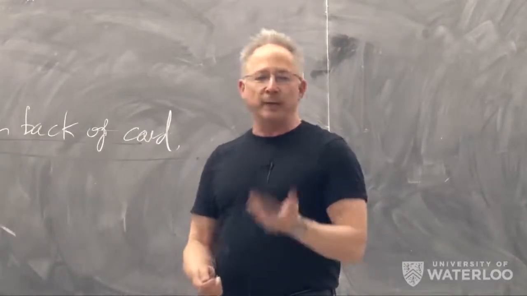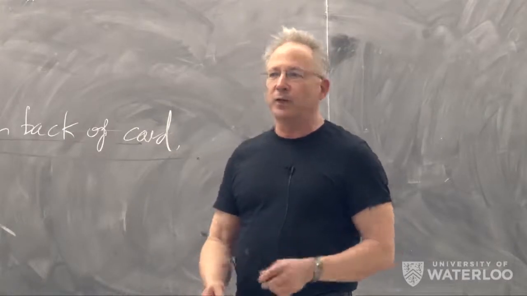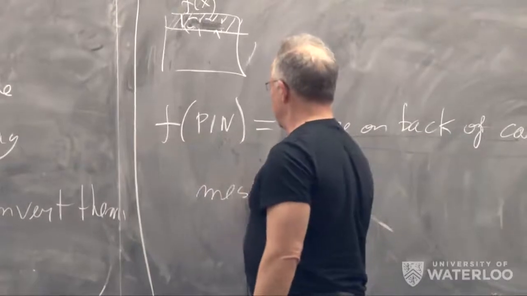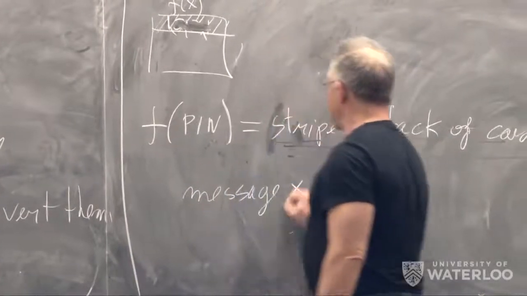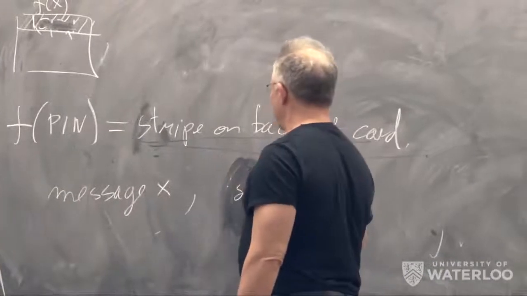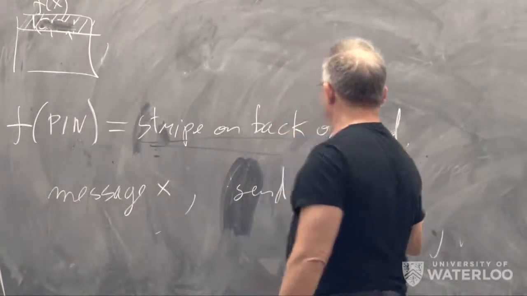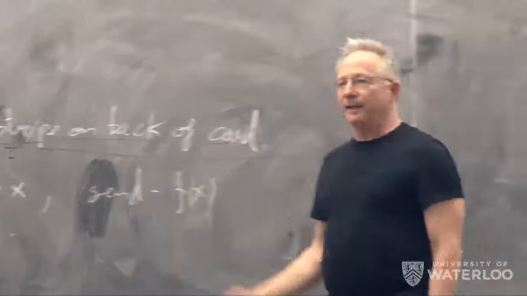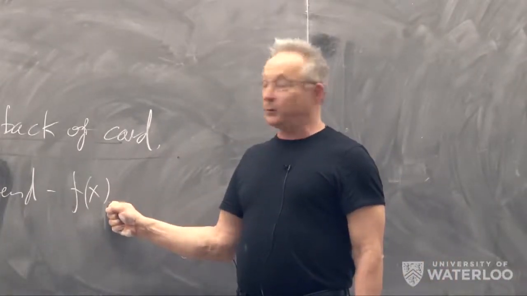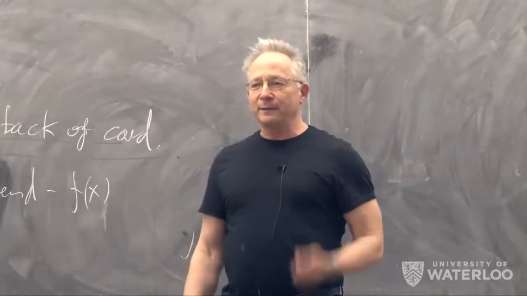Because if I use a one-way function to send you a secret message, I take my message x, I use my function, and I send you f of x. So now I'm very happy. Nobody who finds the message will be able to decrypt it and find x. But there is a small problem.